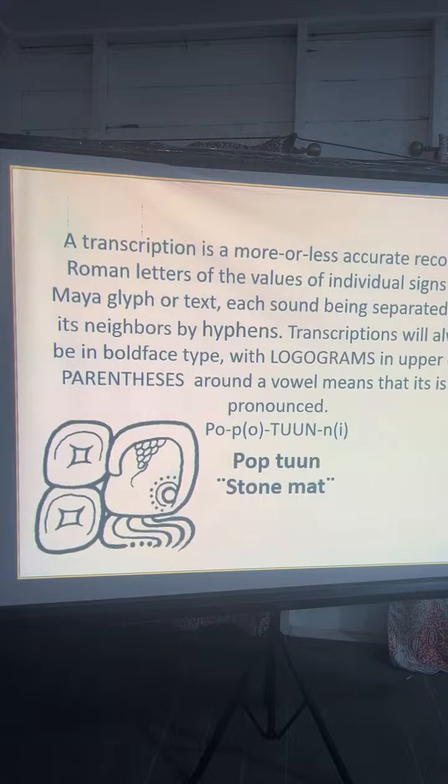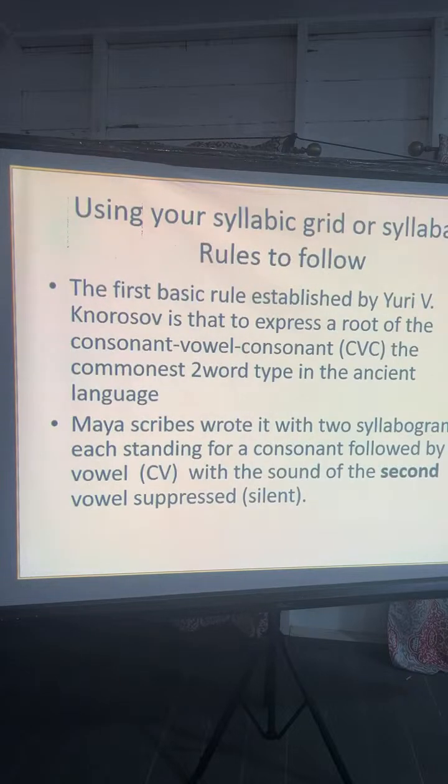Rule of synharmony, rule of disharmony, basically for a 2-syllable word: the vowel in the first syllable will remain the same, or keep its normal sound, if the vowel in the second syllable is the same. If it's different, it has a different sound. That's basically what we need to remember.